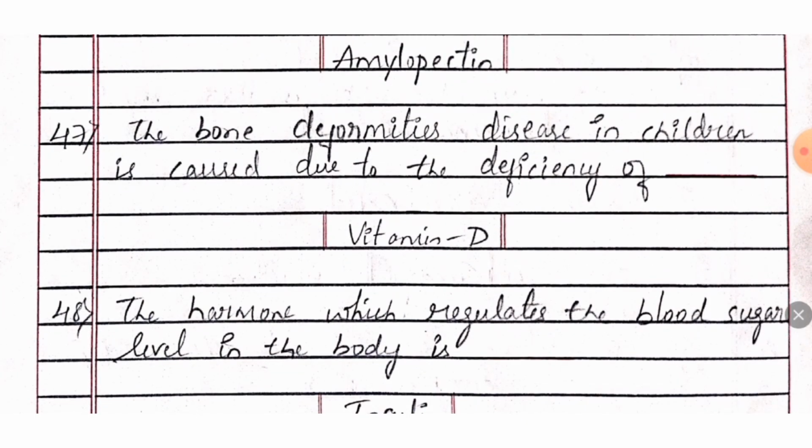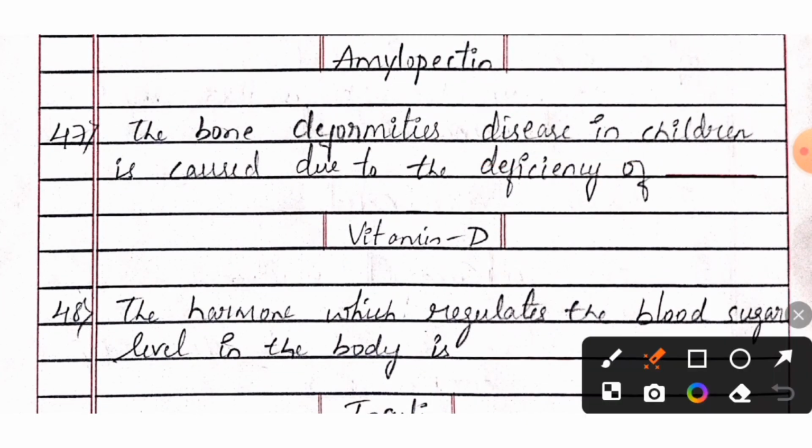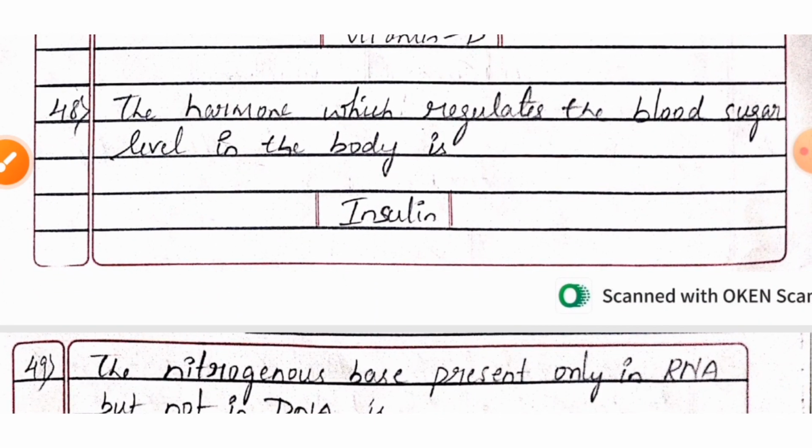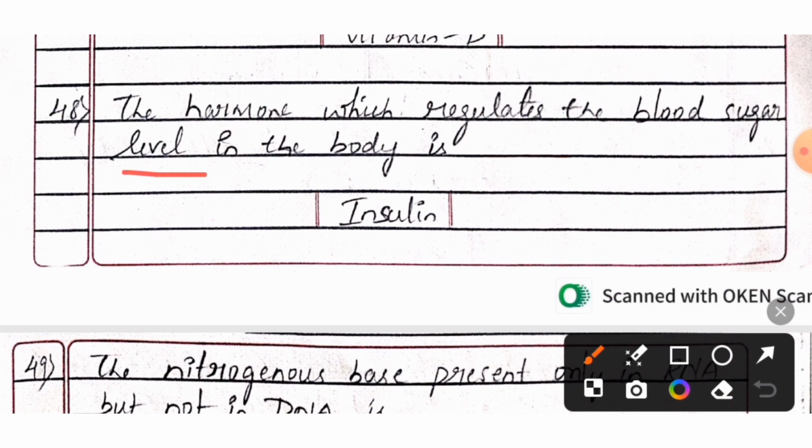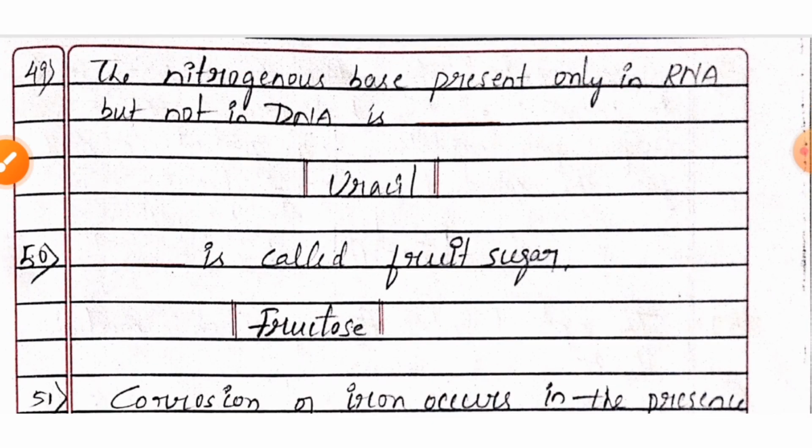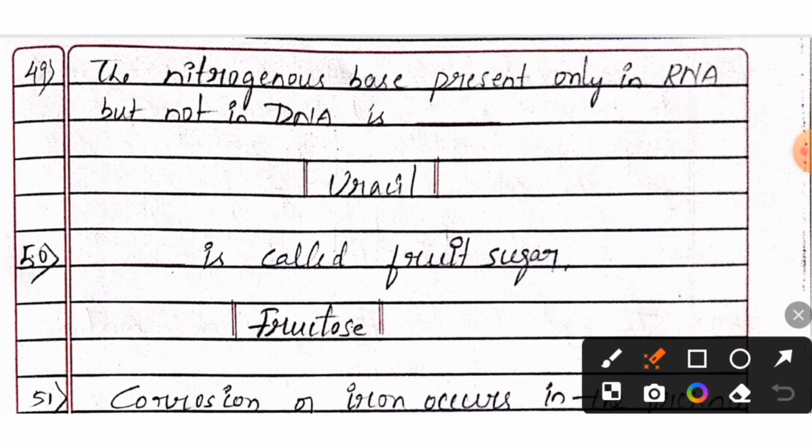The bone deformities disease in children is caused due to the deficiency of vitamin D. The hormone which regulates the blood sugar level in the body is insulin. The nitrogenous base present only in RNA but not in DNA is uracil. Dash is called fruit sugar, fructose.